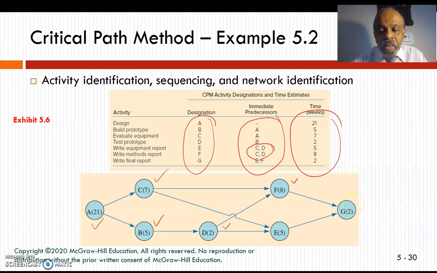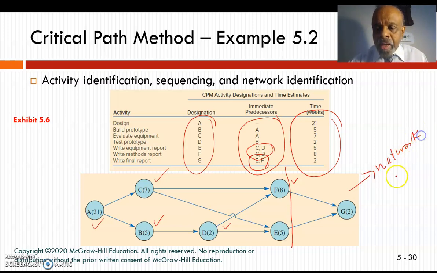G, on the other hand, I have to complete F and E, then only I can do G, as this one says here. And that is going to take 2 weeks. So I have now put the network diagram, which is also called the precedence diagram.